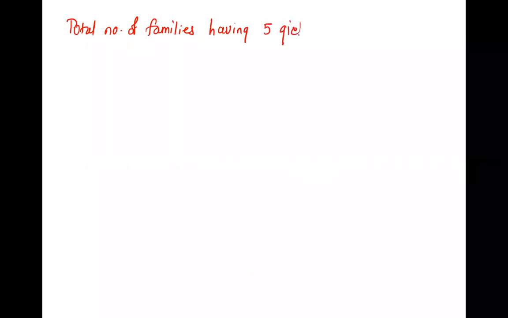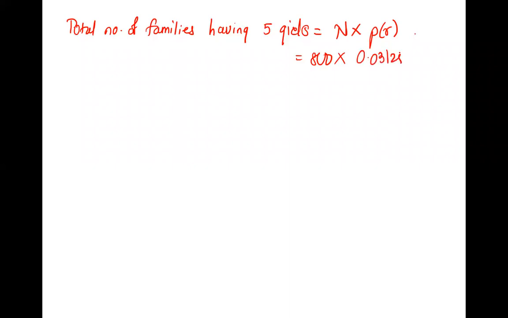So write the total number of such families. We need the frequency. Total number of families having 5 girls is the total number of families into the probability of 5 girls. So the total number is 800, into the probability 0.03125.